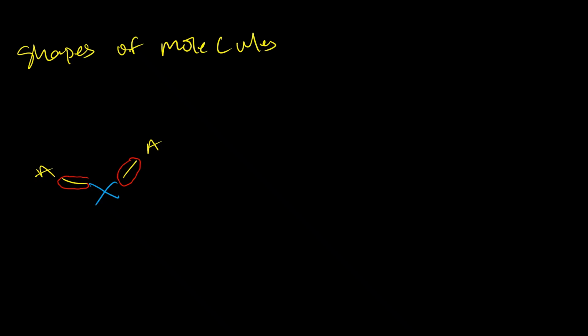Now, additionally, we know that there are some molecules that contain bonded electrons as well as lone pairs of electrons. So let's say we have center atom X, and this center atom X is bonded with A. Some molecules have lone pairs of electrons.